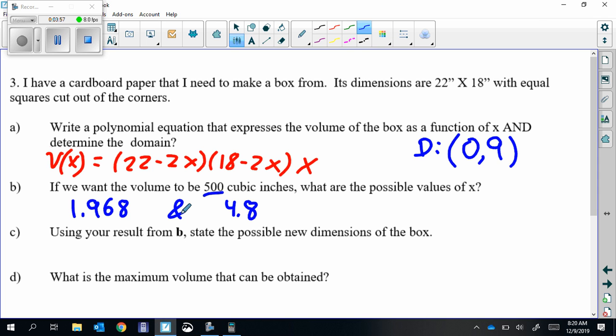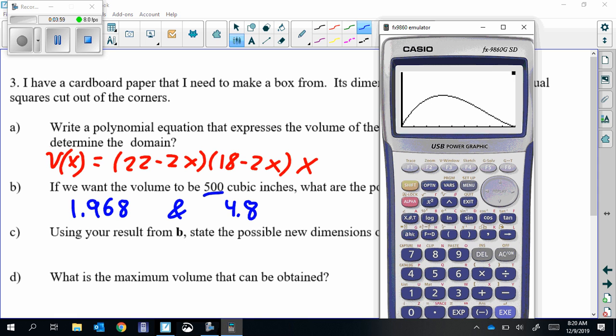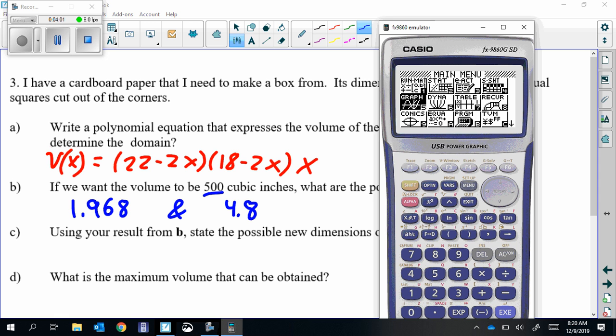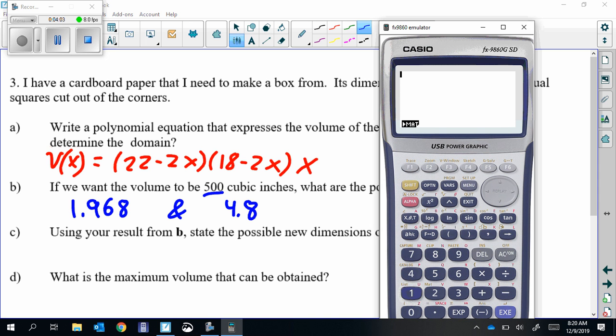What are the possible dimensions? So the 1.968 would be like your height, but we've got to do 22 minus 2x and 18 minus 2x to get our length and width. I think I have x saved from the graph, it's saved as that one.